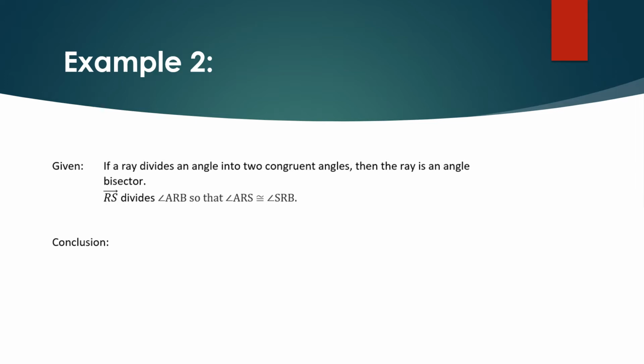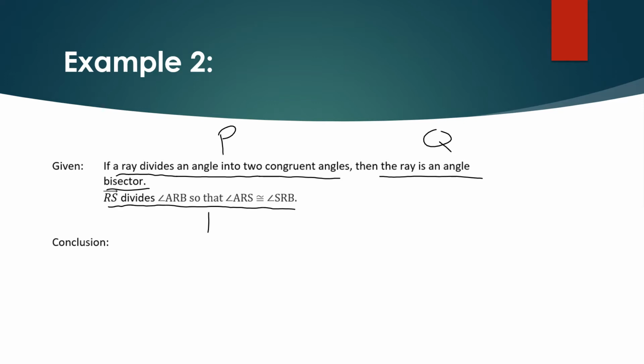Okay, so we're saying that if a ray divides an angle into two congruent angles, P, then the ray is an angle bisector, Q. And here we say that ray RS divides an angle into two congruent angles. Well, that's P. So my conclusion has to be Q, that ray RS is an angle bisector.